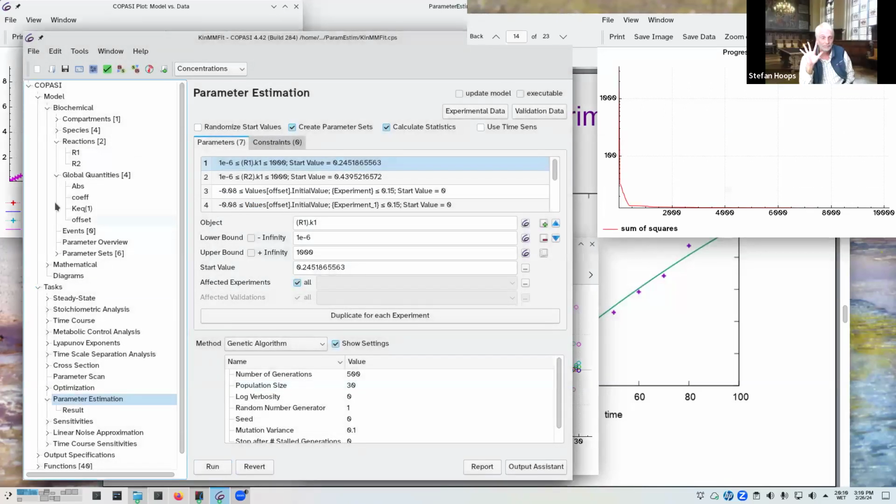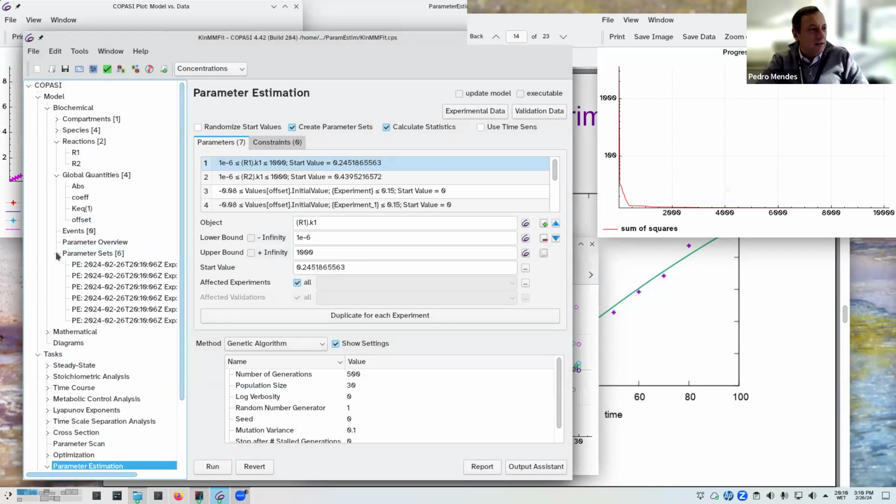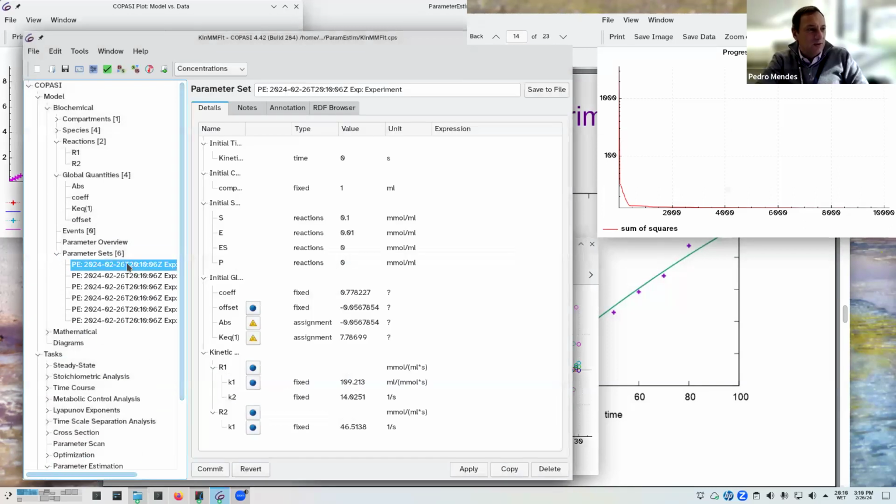Actually 5. Yes, 5 parameter sets, 1 for each of the experiments, because of course they're different. So only the last one is in the model. The only difference between them is, of course, in the offset, because the kinetic constants have to be the same for each model.